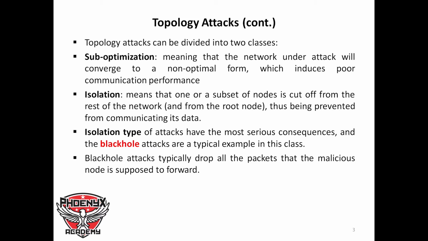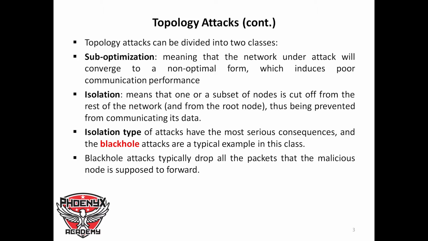We know that there is packet forwarding in the RPL routing protocol, where a sensor node will select a node that has a lower rank than itself to serve as its parent. Whenever it has a packet to forward in the upward direction to the root node, that parent node is responsible for relaying the packet to the root node.